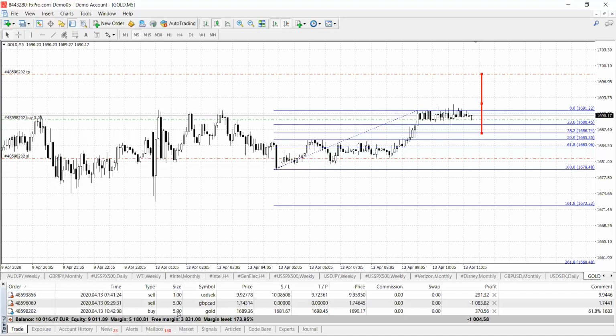Now, on Mahesh's signal, we have a decent risk. I'm applying on the 5-minute chart a reverse trend Fibonacci, and I'm using the 61.8% as my measure of risk on gold, 1,683. I'm not going to place my stop loss near the 61.8. That's silly. Don't make silly mistakes.